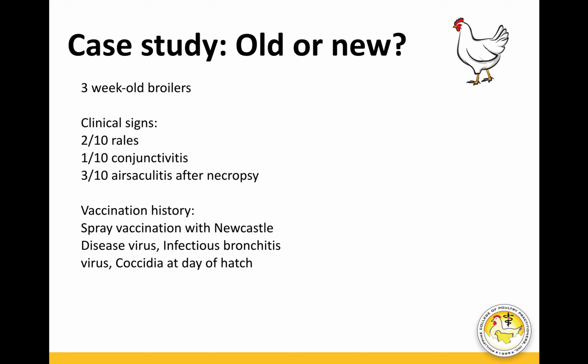Okay, so now let's apply our knowledge. I will give you time to read over this case study, and it's called Old or New. We have 3-week-old broilers with clinical signs: 2 out of 10 with rales, 1 out of 10 with conjunctivitis, 3 out of 10 with erysiculitis. Its vaccination history is a spray vaccination with Newcastle, infectious bronchitis, and coccidia at the day of hatch.